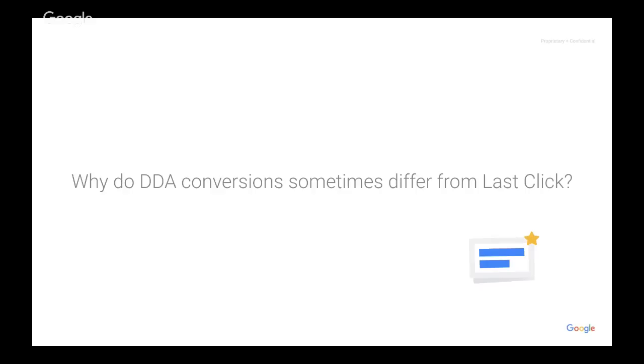If you have multiple advertisers in your Search Ads 360 agency, credit could be reattributed between these advertisers. So if you're looking at an advertiser view, you're going to maybe see a difference between last click and DDA as a result. And then lastly, rounding occurs with regard to DDA, not the case with last click, and this can cause a differential.